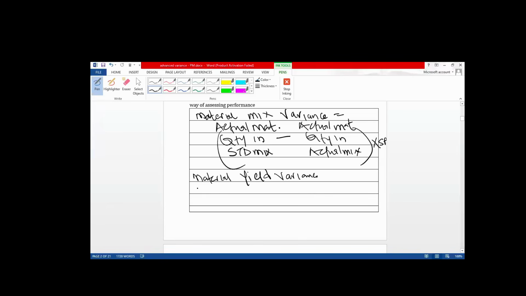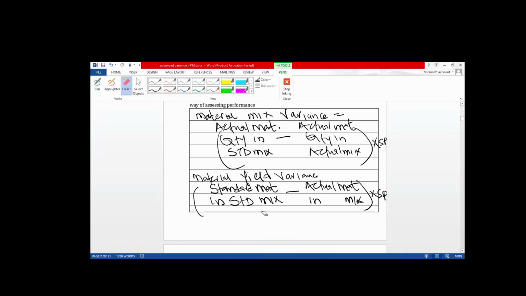It is calculated as standard material in standard mix minus actual material in standard mix, multiply by the standard price.